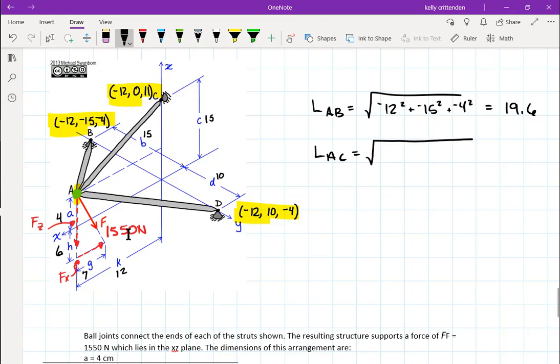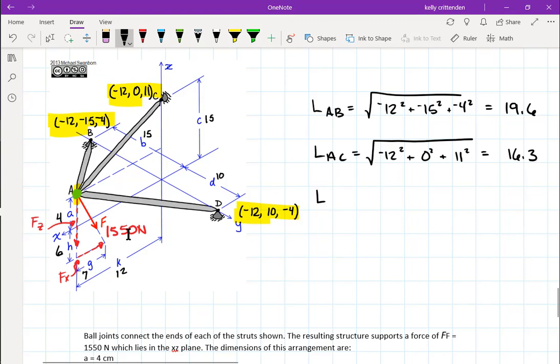All right, AC would be negative 12 squared plus 0 squared plus 11 squared. $16.3.